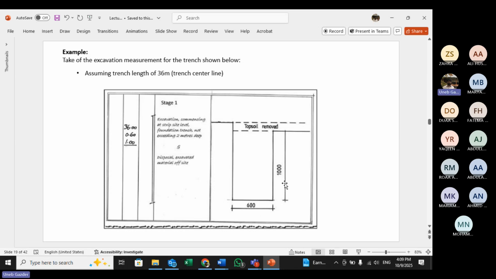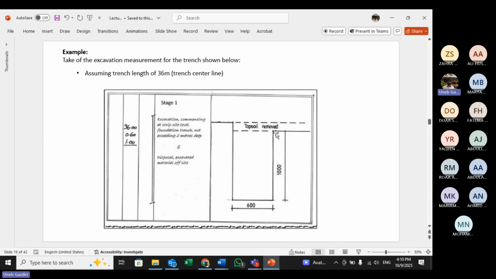Okay. I mentioned already that the trench means that it's a very narrow foundation which goes under the entire wall. Okay. So the only thing which you need here is length. The height is given, the width is given. The only thing which you need is length.